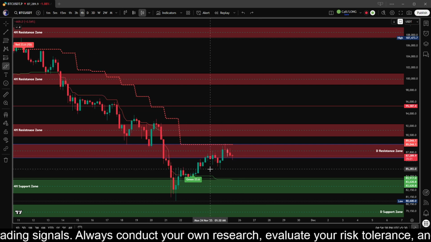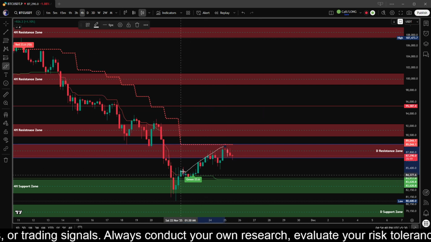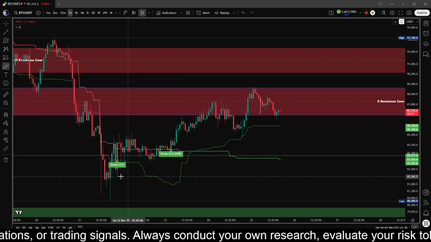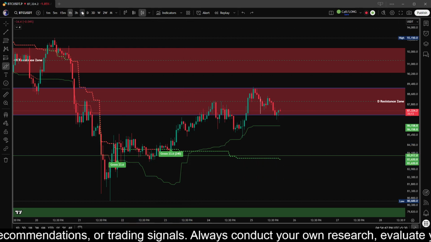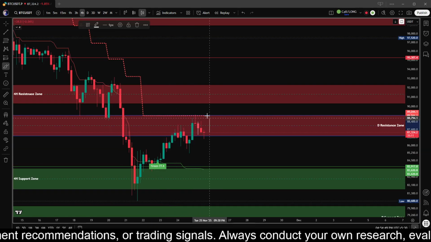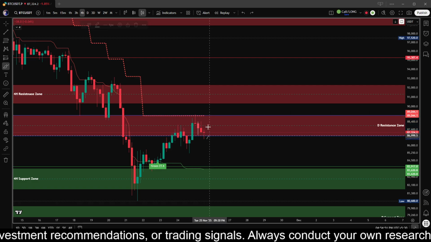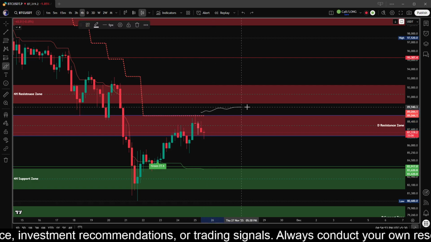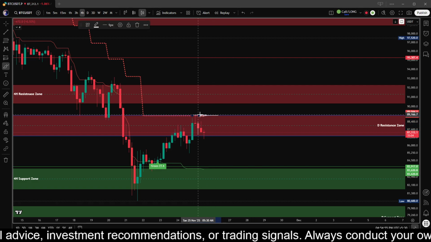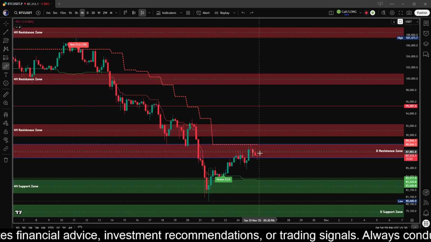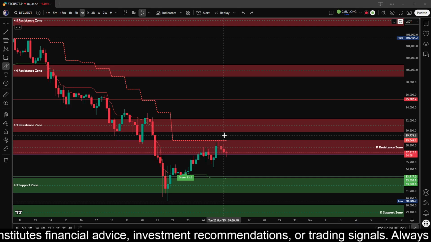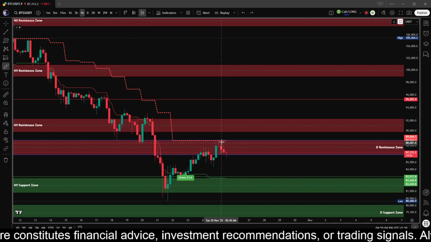Up until that, starting with this phase, the market structure has already changed in the 1 hour, and it's pending right now with this 4 hour, which I have explained here. Once price starts trading here after breaking this level, this current red signal will turn green once price breaks this level.